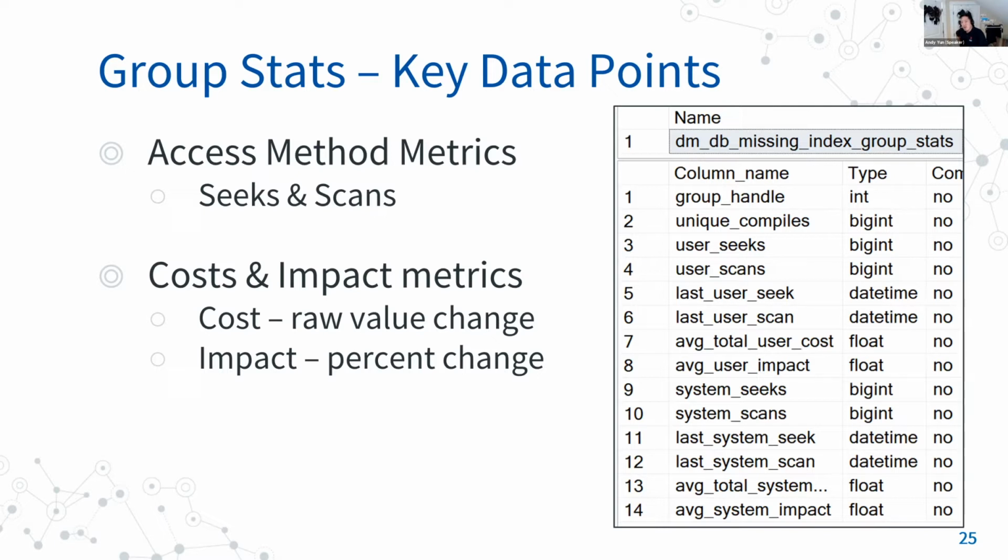But that is the raw value by which the SQL Server Query Optimizer believes this missing index will improve this query. So if you have a query whose estimated cost is 1,000 units, and a missing index recommendation whose cost improvement is 900, that's a whole heck of a lot.